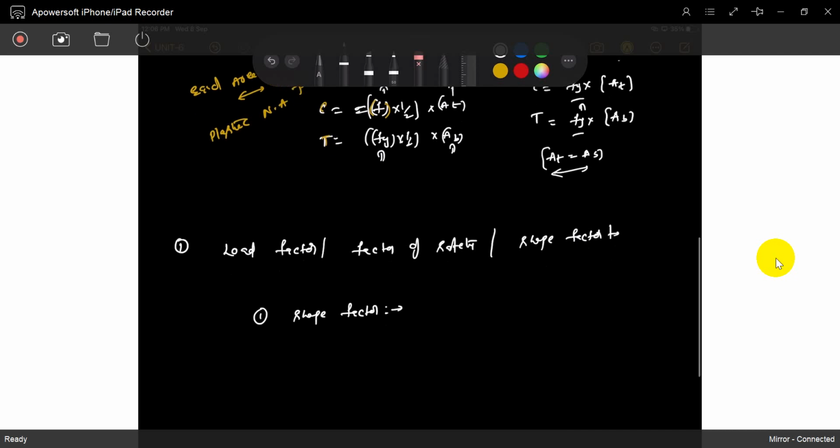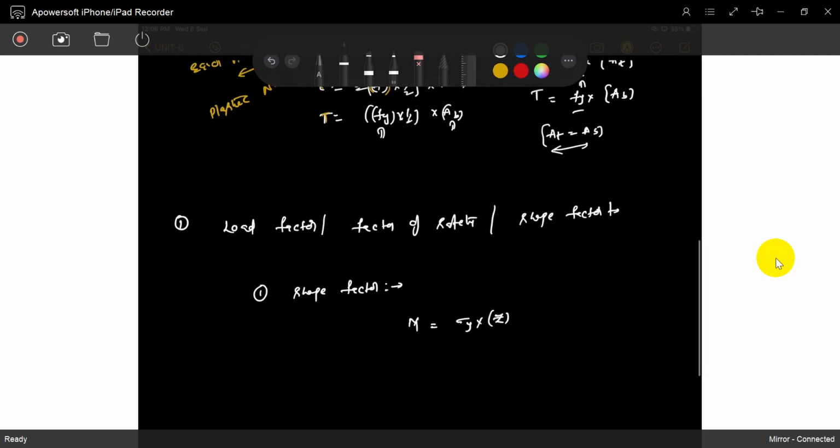For the same section, the moment carrying capacity in the elastic analysis is sigma y into Z. You already know how to find Z: Z is I by y. Otherwise, you can find it from the compressive force and tensile force.